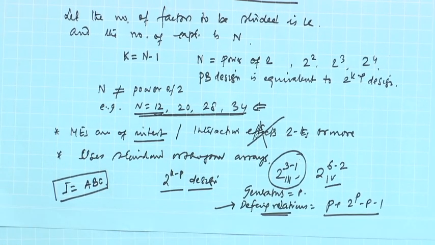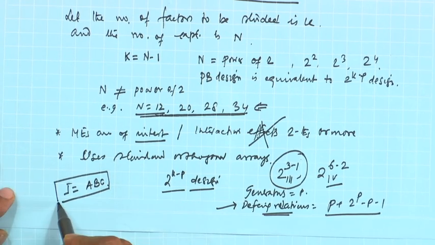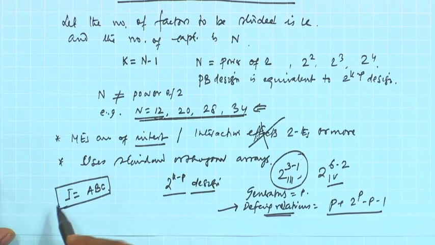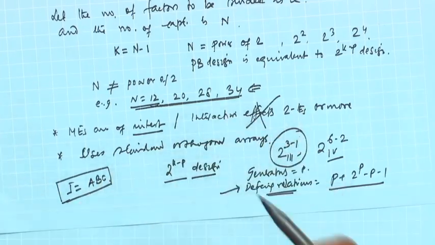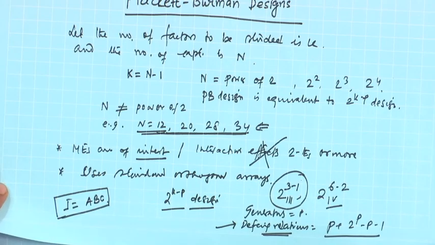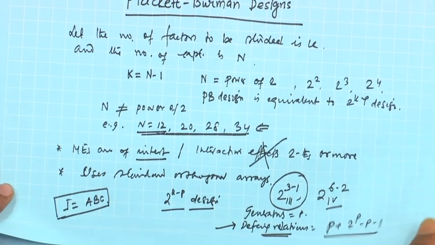So, the alias structure cannot be found out by knowing the defining relation and then multiplying every factor. So, you require a regression approach to find out the alias structure.